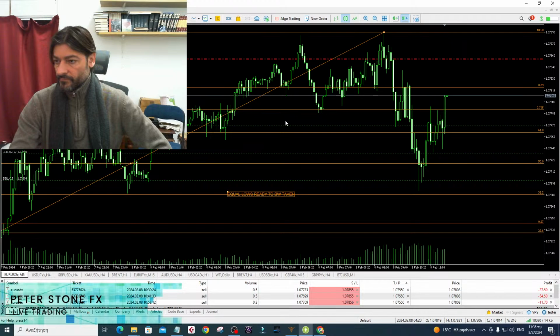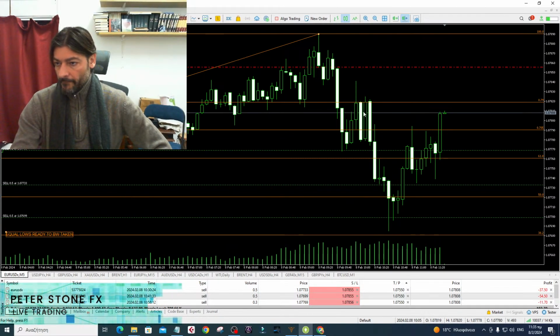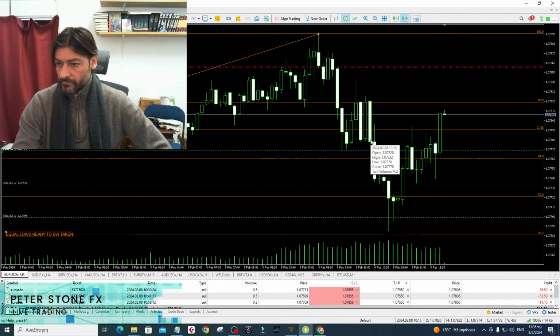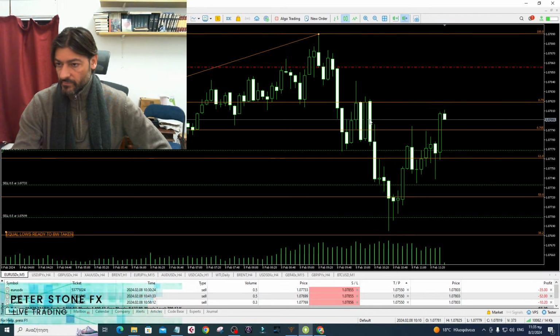Let's see. Here is the bearish order block. You can see also the candles: lower, upper, lower with volume and surpassing it. This is a bearish order block.